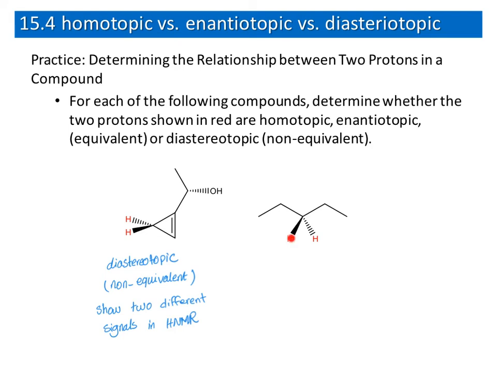Now let's look at these two protons. Again, we can do the deuterium or replacement test. By doing that, we are not forming a chiral center because these two parts are identical. Since we are not generating a chiral center, these two protons are homotopic.